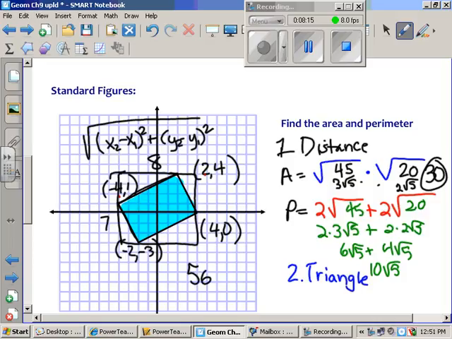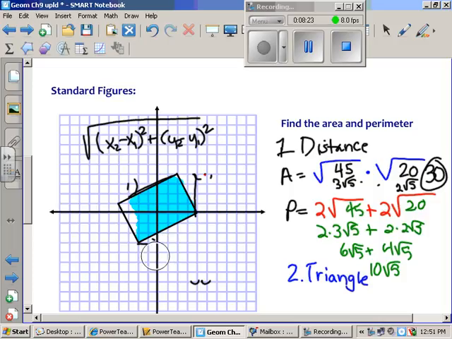Because we drew this rectangle around the shape. We drew to here, down, across, and up.